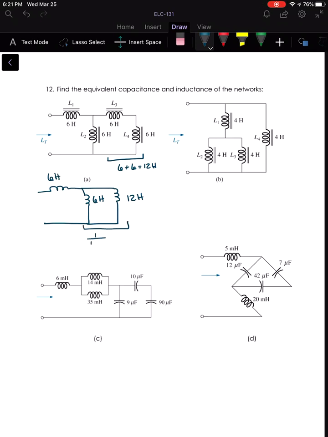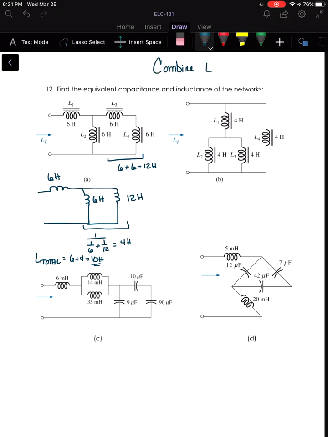These are now in parallel, so we're going to combine those like we would parallel resistors. So that would be 4 henries. And then that 4 henries we would add to the 6. So this would be 10 henries total.